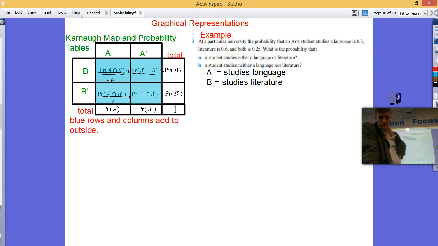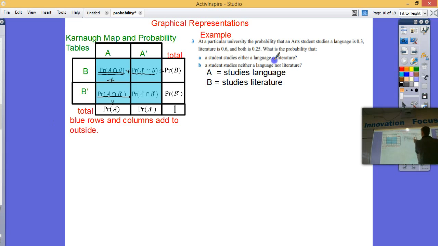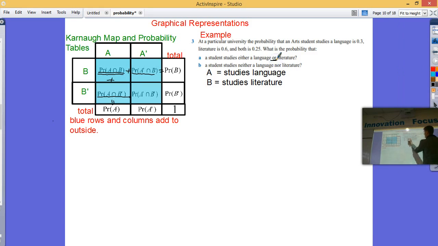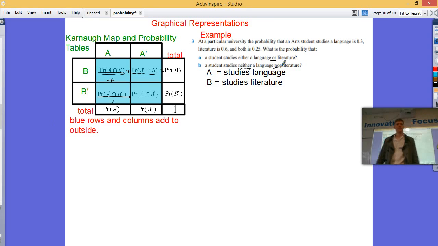Interesting. So some key words there that pop up is or, and this expression neither nor. If we break down the language, it's like using the keyword not, which pertains to the complement, and the keyword or, which pertains to the union between two events.